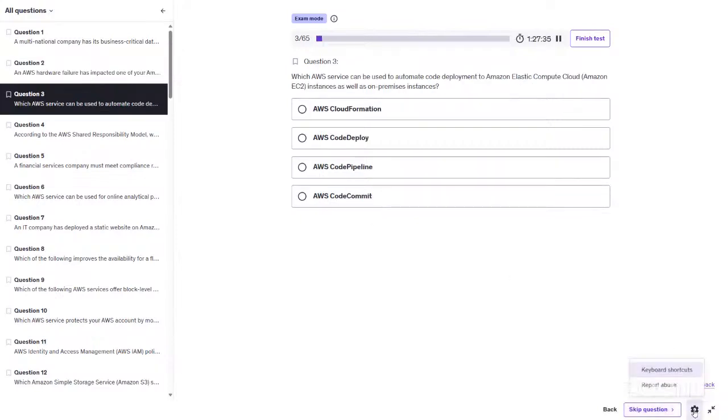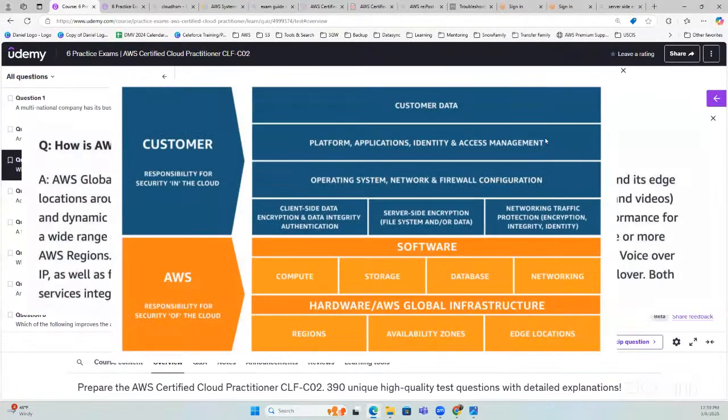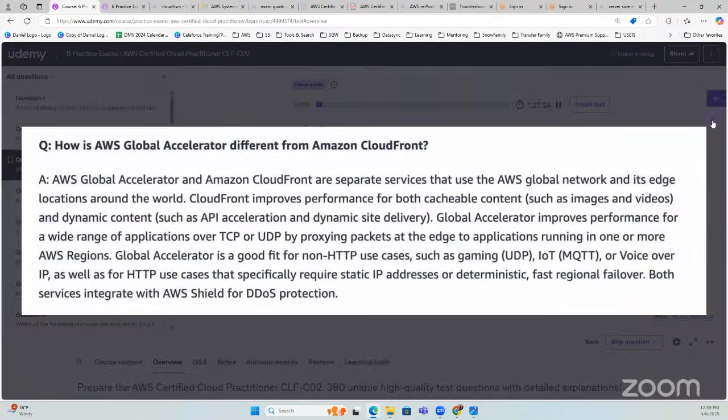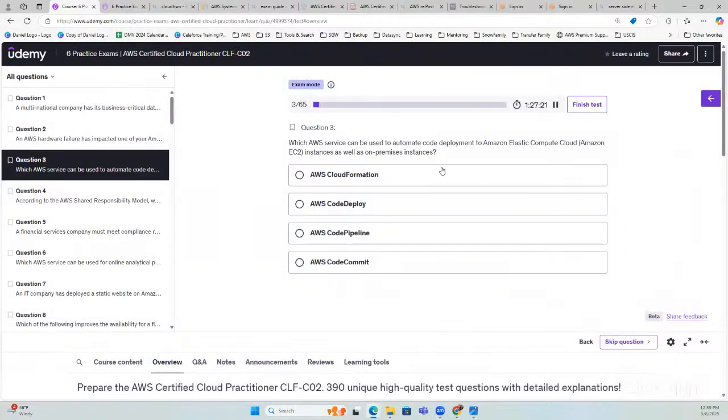Let me see if I can actually switch to a different method of this exam mode. Let me finish it.